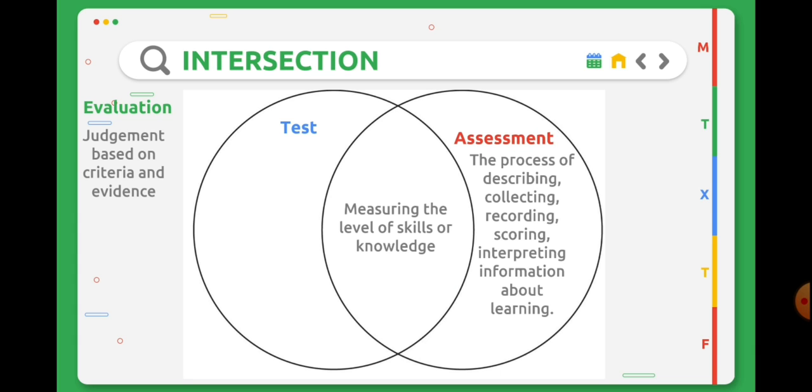The goal of assessment is to make improvements as opposed to simply being judged. In an educational context, assessment is the process of describing, collecting, recording, scoring, and interpreting information about learning. On the other hand, evaluation is the process of making judgments based on criteria and evidence.